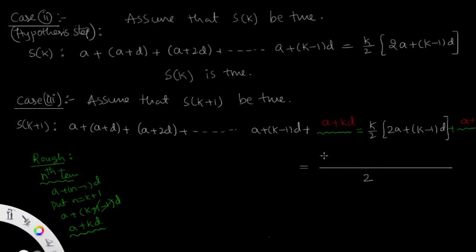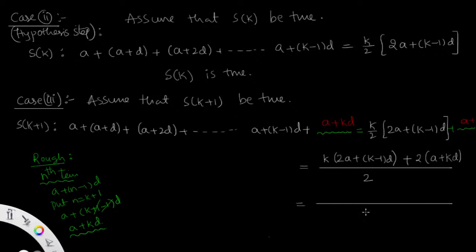Next, k into 2a plus k minus 1 into d, plus, taking LCM, 2 times a plus kd. Taking LCM only to both sides, the value is k into 2a plus k minus 1 into d plus 2 into a plus kd.